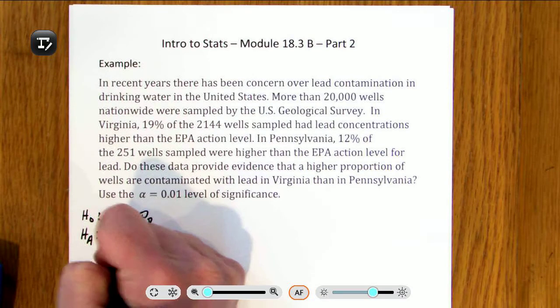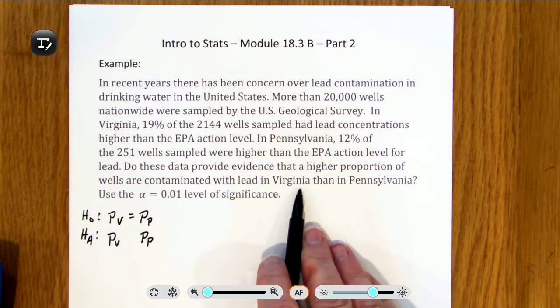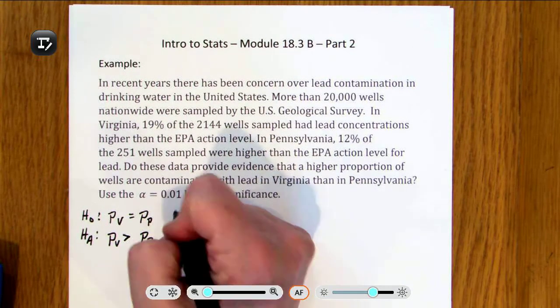And we are trying to find out if Virginia is higher than Pennsylvania. So again, in this example, we have an upper tail. If we had put Pennsylvania first, we would have had a lower tail. It will work out either way. You just have to make sure you're consistent with the way you subtract in that test statistic.